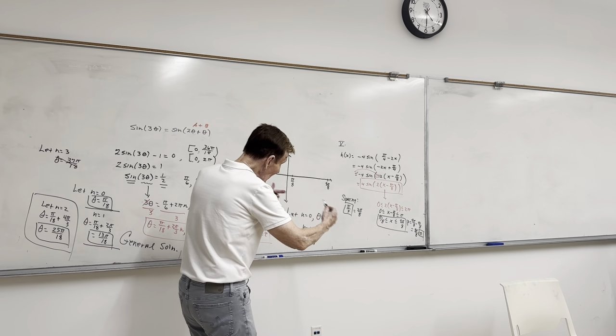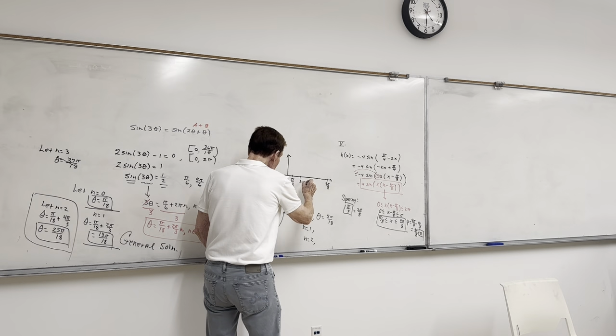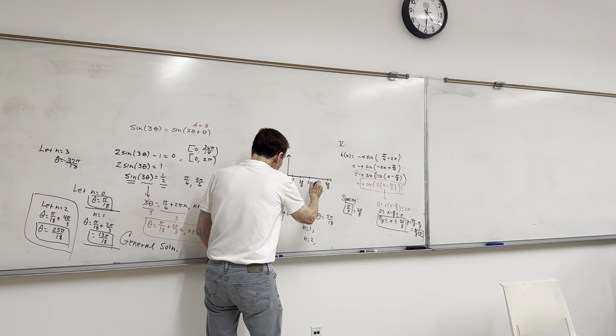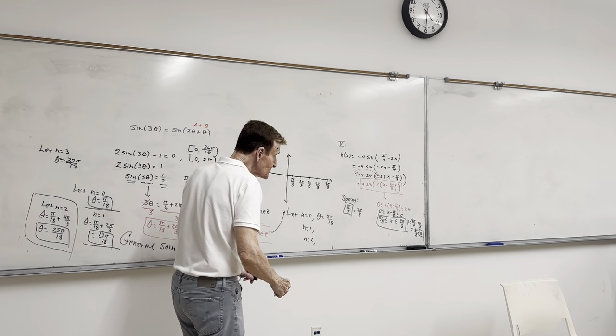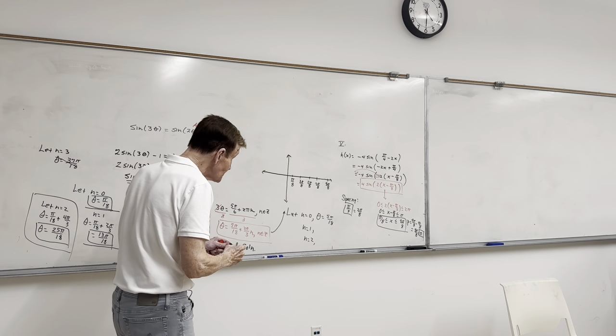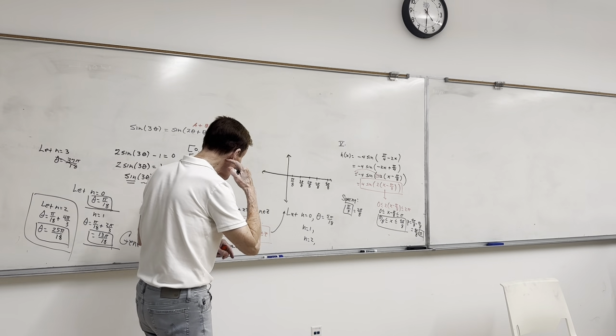And I need to add 2 pi over 8 each time. I get 3 pi over 8, 5 pi over 8, 7 pi over 8, and finally 9 pi over 8. Nice.